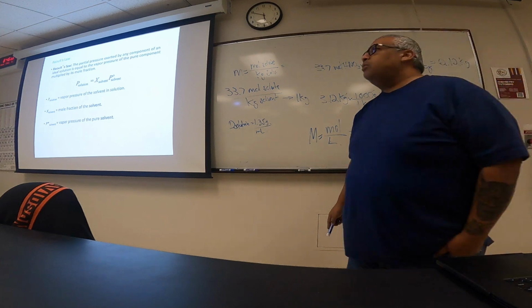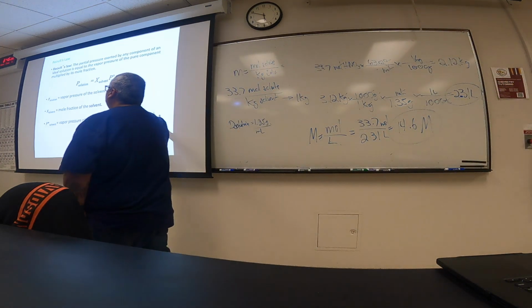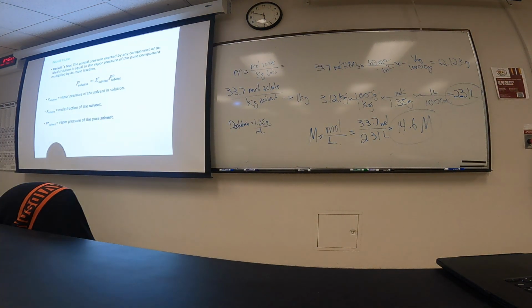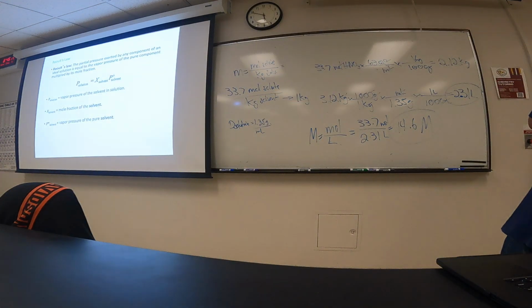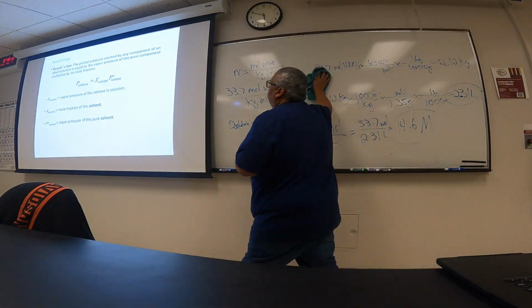So now, talking about the vapor pressures here, we use something we call Raoult's law. Raoult's law has to do with partial pressure. We did have a similar formula to this that we used in gases for partial pressure.